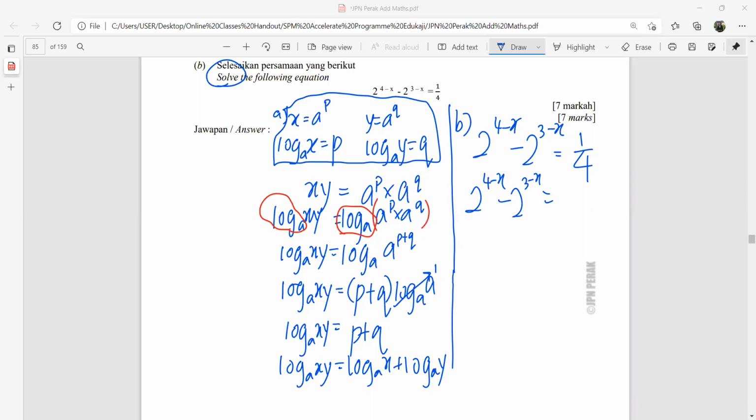You can factorize out the common 2 power negative x. What is the thing that you can do? So you can factorize the 2 power negative x out. Very good, Enki.